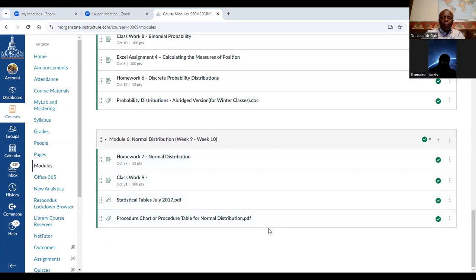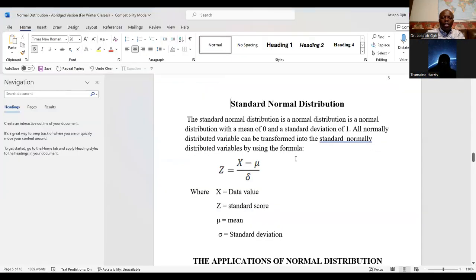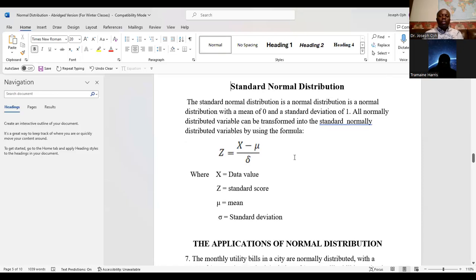So today we'll start from the standard normal distribution. All this time I've been introducing you to the normal distribution, and how to find the areas and probability under the standard normal curve. Now, let us look at the standard normal distribution and its application.